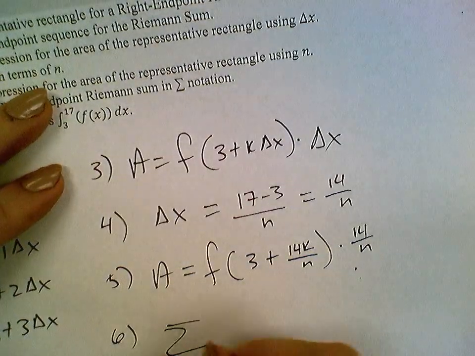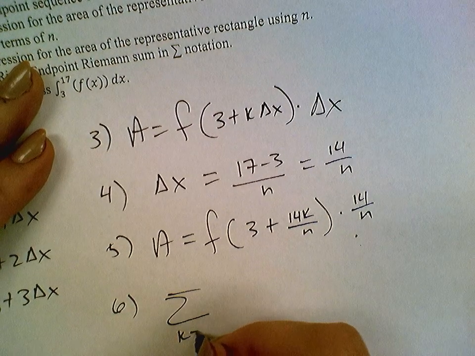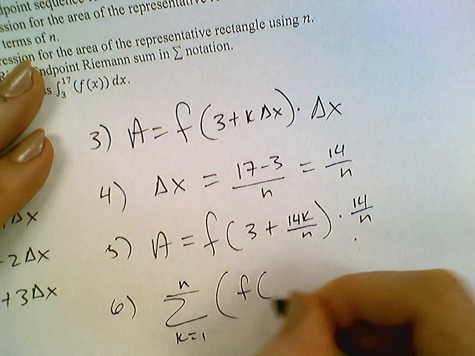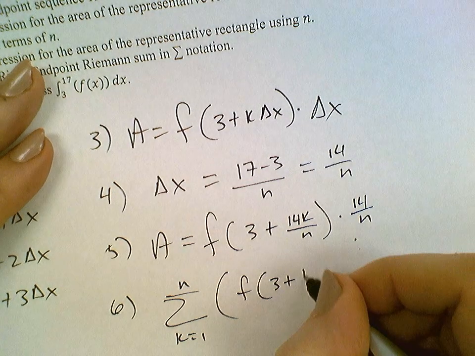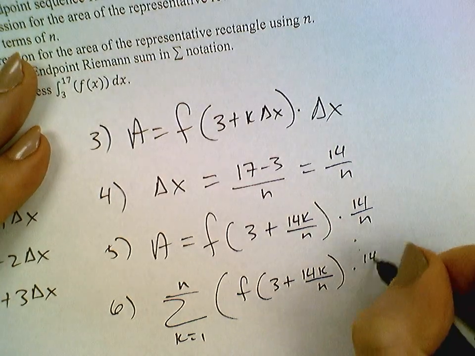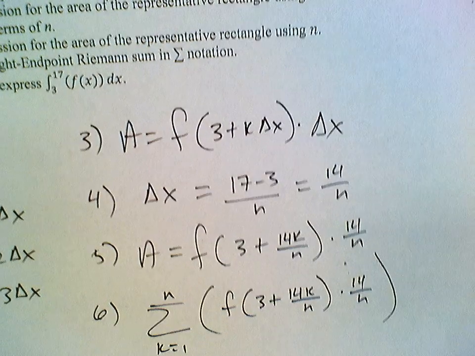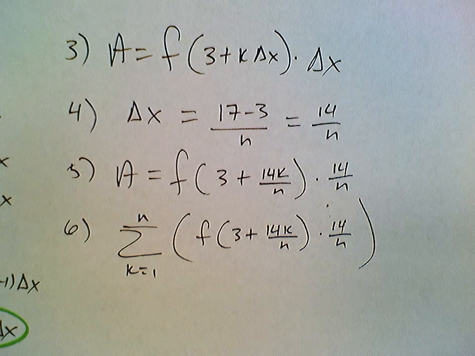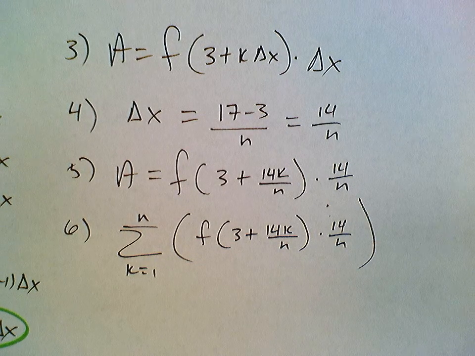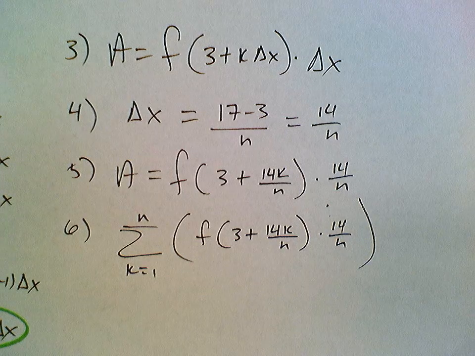I go like this, from k equals 1 all the way up to n. So you're adding up the areas of n rectangles. But n rectangles is only giving us an approximation unless n is infinity.